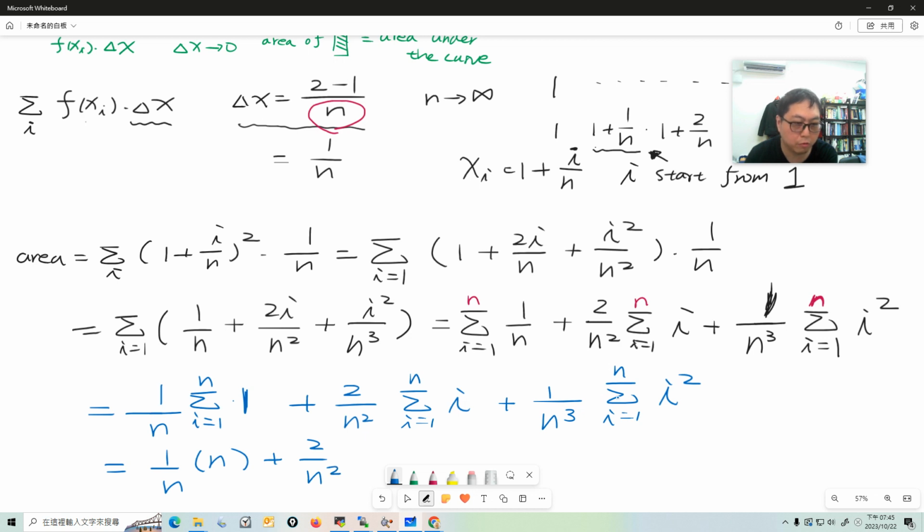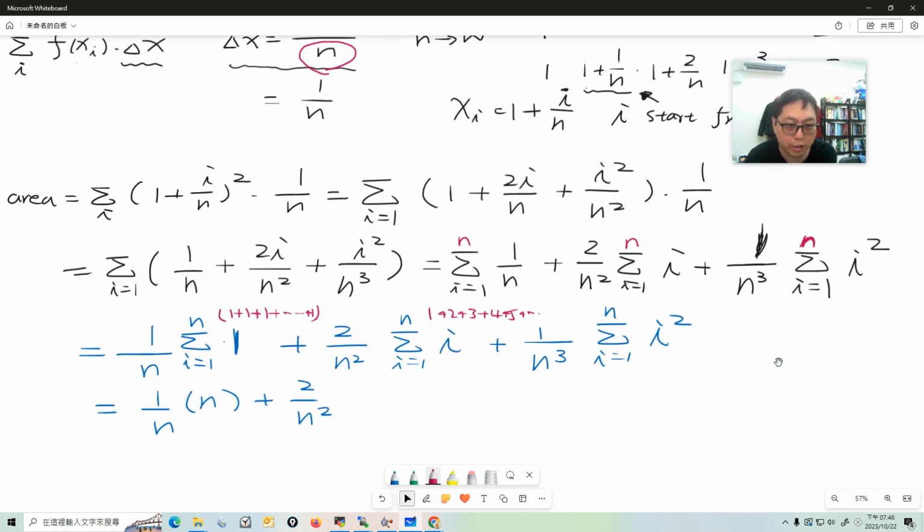So the summation of i from 1 to n is 1 plus 2 plus 3 plus 4 plus 5. Remember that? The summation of 1 is 1 plus 1 plus 1 plus 1 plus 1, and there are n ones.